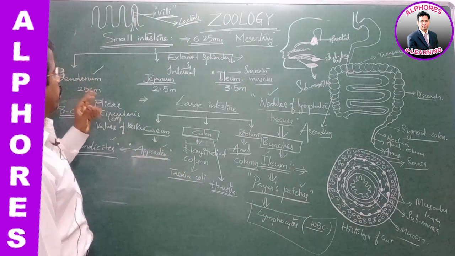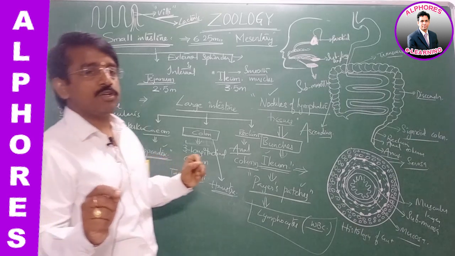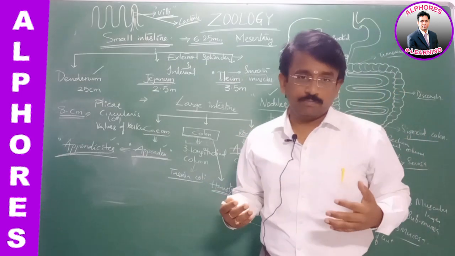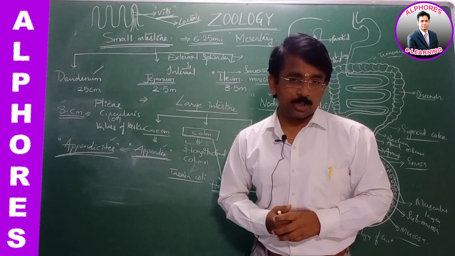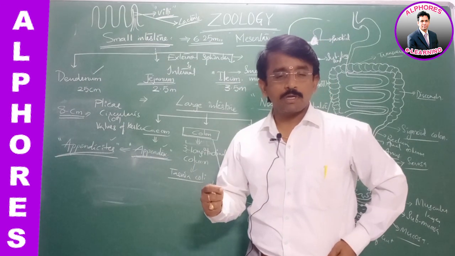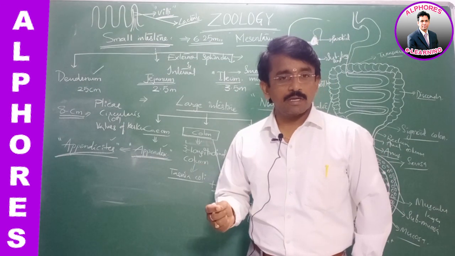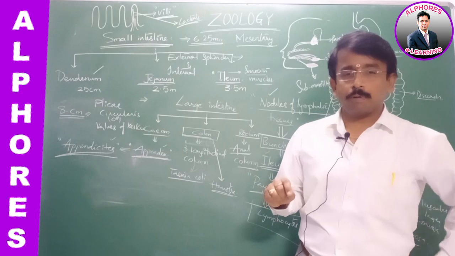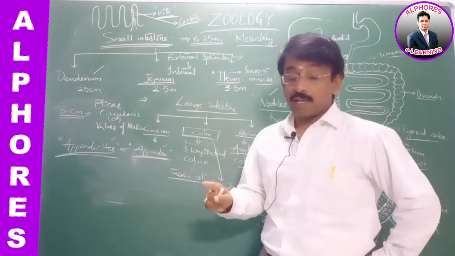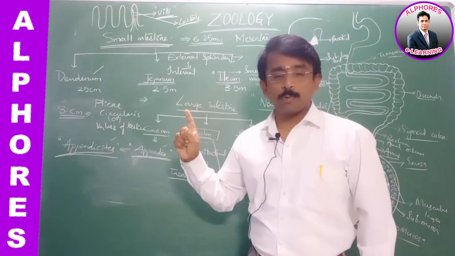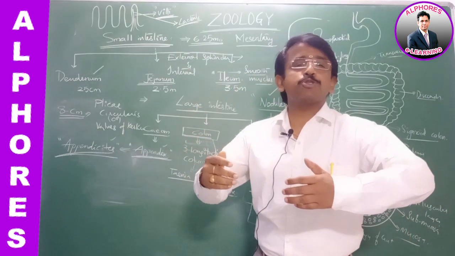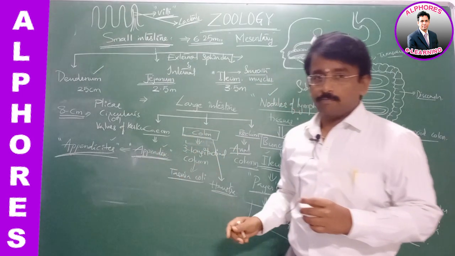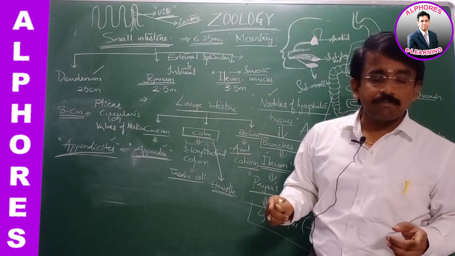The function of the small intestine is complete digestion of the food. The food that we take includes the macromolecules: proteins, carbohydrates and fats. Water and minerals are also part of a balanced diet. But carbohydrates, proteins and fats, which are macromolecules, need to be converted from complex into simpler forms, which is done by means of enzymes.